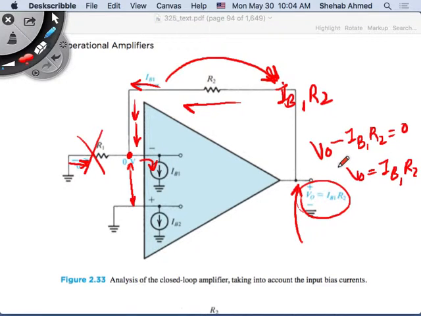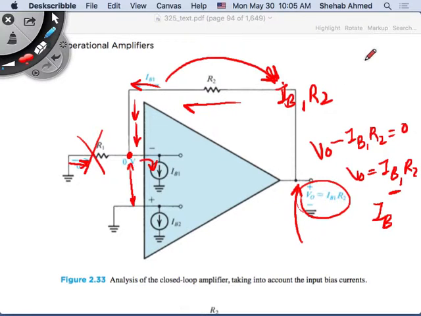So what is the bias current doing to the output? It is amplified by my resistor R2, multiplied by the actual bias current. And assuming the two bias currents are equal, I can substitute IB1 or IB2 or just IB, the average value of both of them. So is this good or bad? It's not nice, because if I'm building an inverting or non-inverting amplifier, what was the gain of the inverting amplifier?